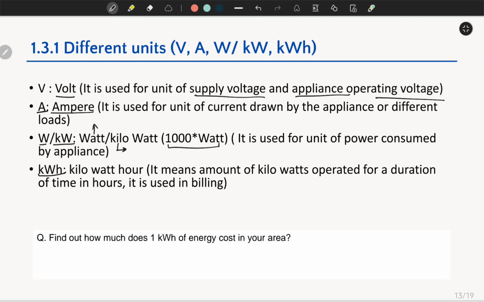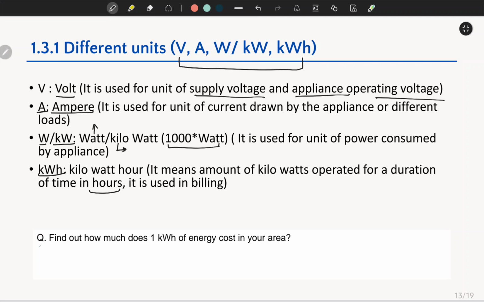When we measure the watts over a particular duration, to be precise, if the time is in hours, then we use the unit kilowatt hour. It is used for billing purposes. So these four or five units are the most common units which we come across when we are doing electrification.